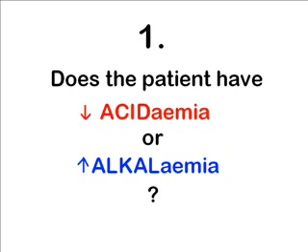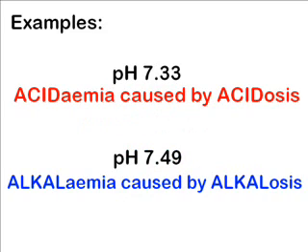So far, fairly straightforward. Now, if the patient has an acidemia, the process causing that is an acidosis of some sort. If the patient has alkalemia, the process causing that is likewise an alkalosis of some sort.